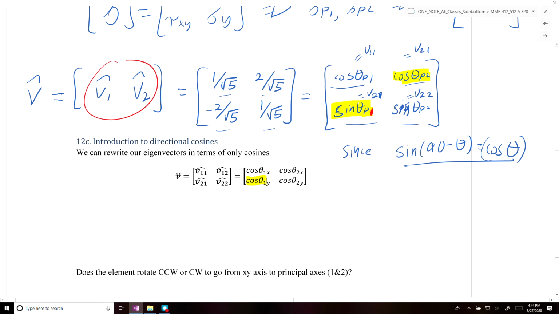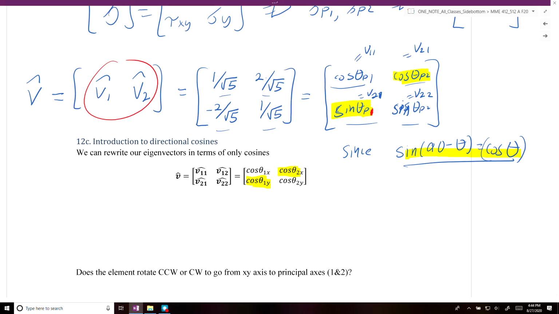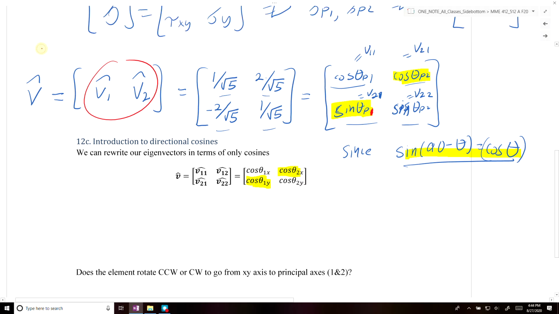Using the inverse cosine function on your calculator, you can determine the angles between our principal axes.